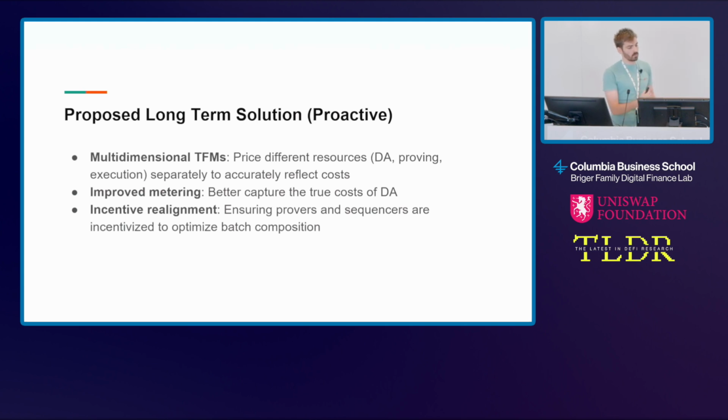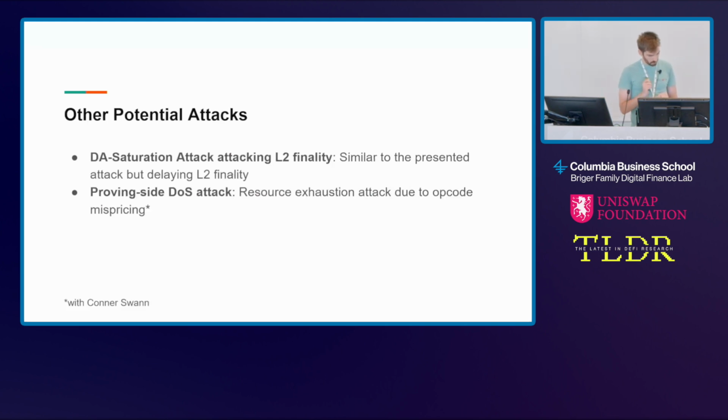And also we want to have incentive realignment and analyze how we can ensure different participants in the rollups to operate and be incentivized to optimize batch composition for all of them.